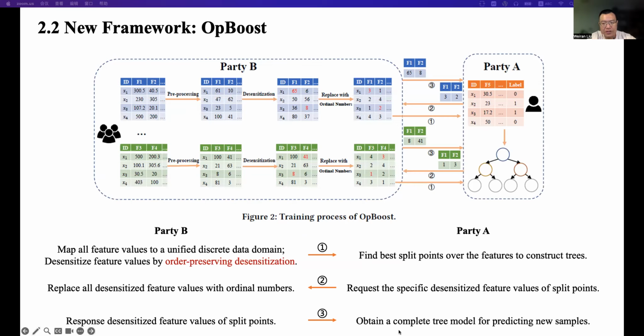Then it requests the specific desensitized feature values from other parties. Other parties replace all desensitized feature values with orders, and respond with the desensitized feature values of the split points. Finally, party A obtains the complete tree model for predicting new samples.